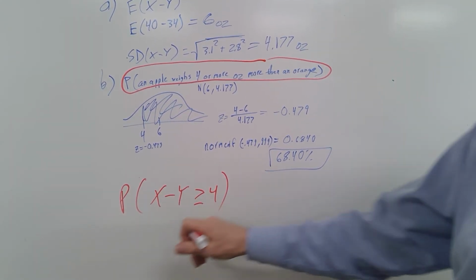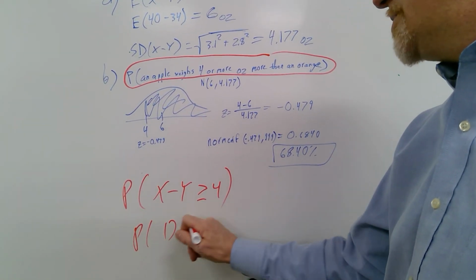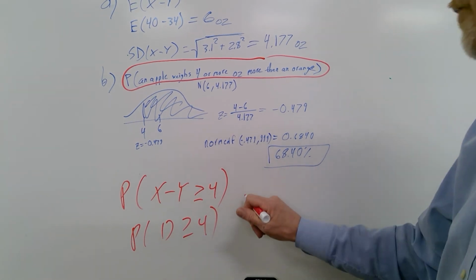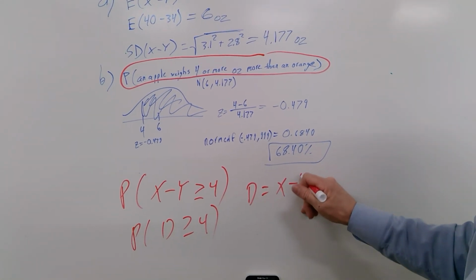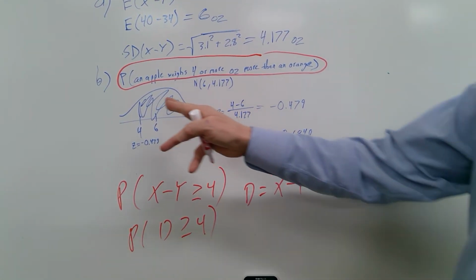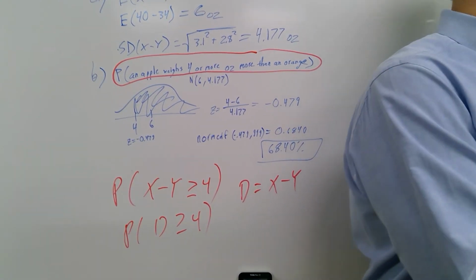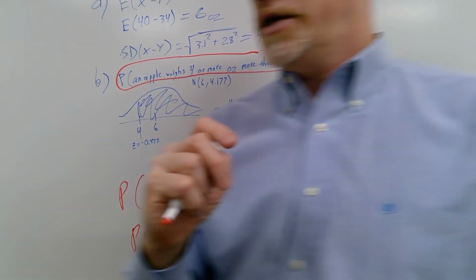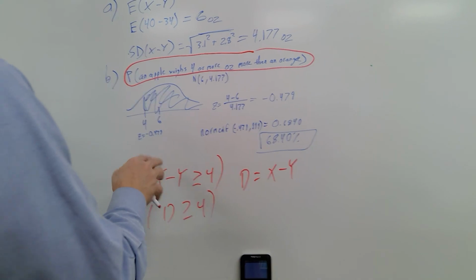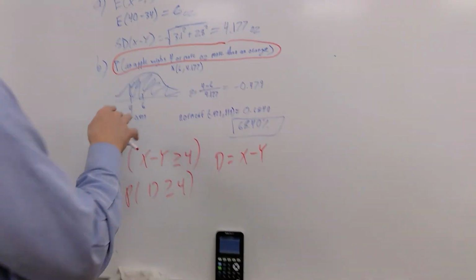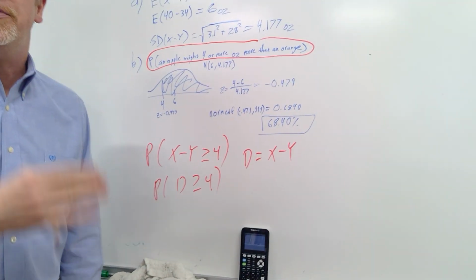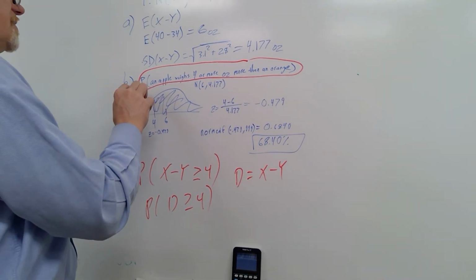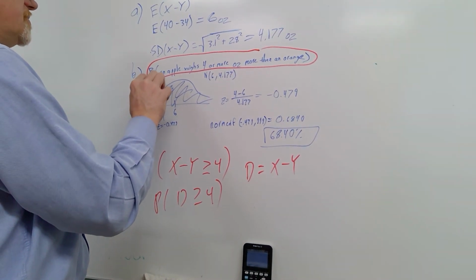Or we could even say, what's the probability that the difference is greater than or equal to 4? And we could define the difference as x minus y. So then if we were to put a title, and this is one place where I think people can improve in their understanding of statistics, is that these models will be more understandable to you if they have a title. And the title could be, d equals x minus y.